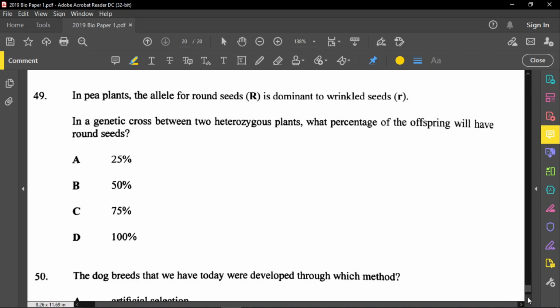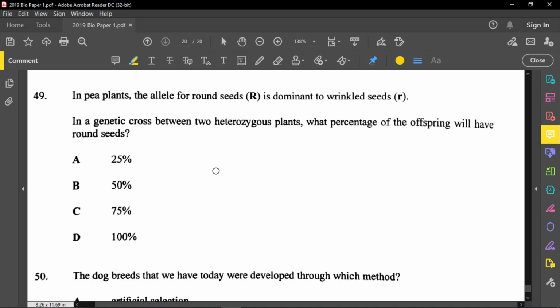Now, I said this to you already before, I hope you remember it, is that when you have 2 heterozygous parents, the offspring ratio in terms of phenotype is always 3:1, which means 75% will be of the dominant trait and 25% will be of the recessive trait. Also, it's important to note that the genotype ratio is always 1:2:1. All right, and that's something you need to remember.